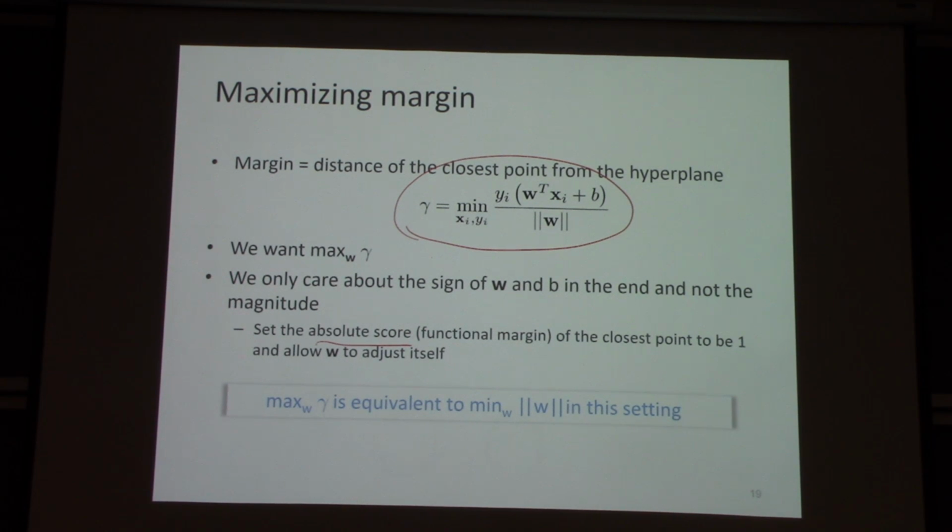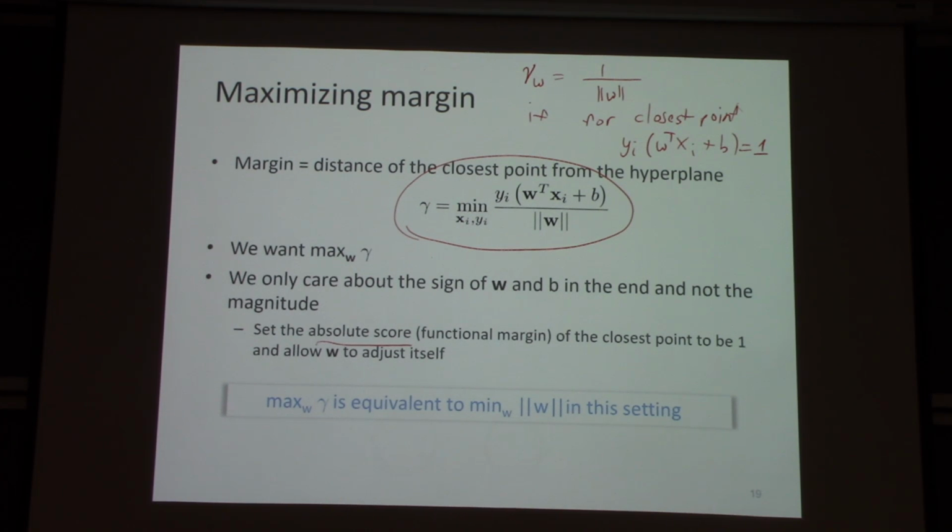Find a W such that I want to minimize gamma of W. I'm not going to write the bias. 1 over the norm of W, because for the closest point, yi, and let me put the b also, is greater than or equal to 1.